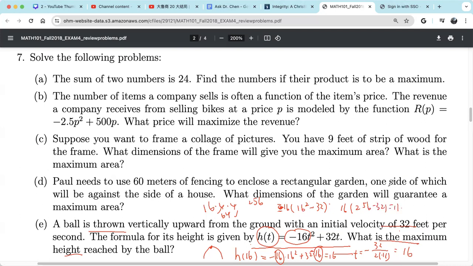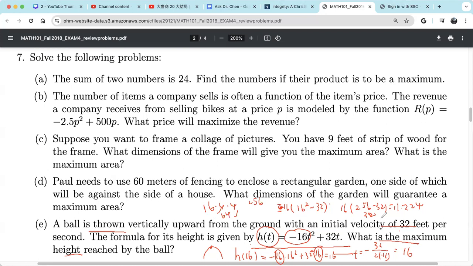Let's check. Oh, hold on. 256 minus 32, right? Or you could use a calculator.